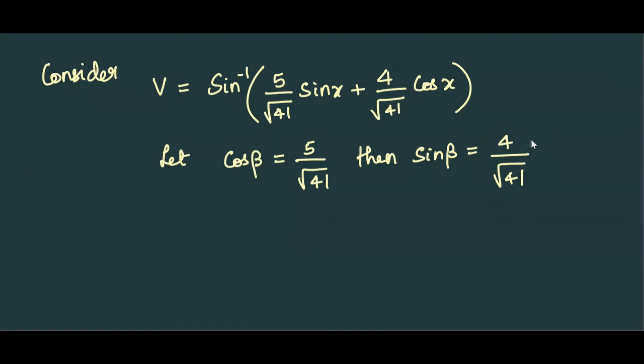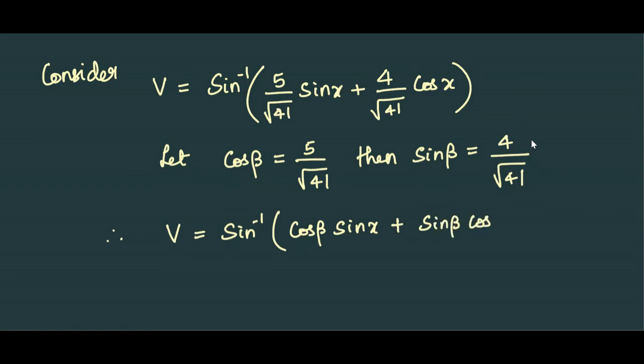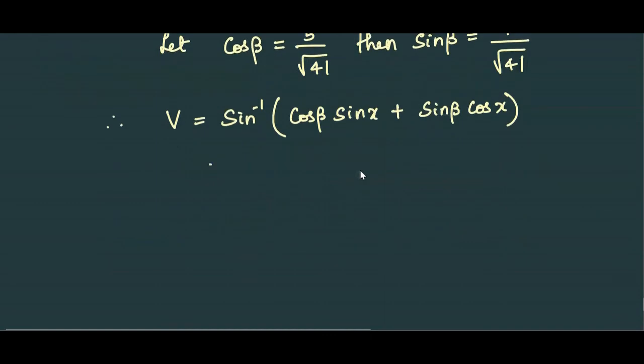So if this is cos, this will be sine. So therefore, v will be sine inverse of cos beta sin x plus sin beta cos x. So this is sine inverse of sin of x plus beta.